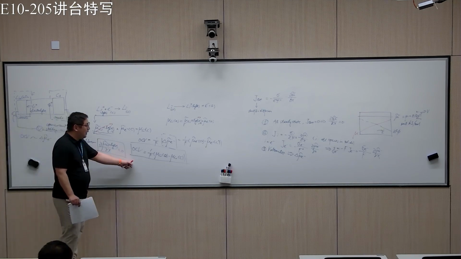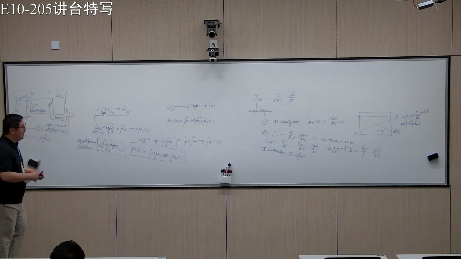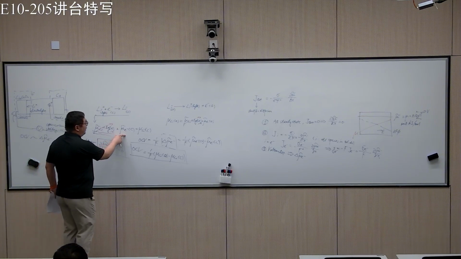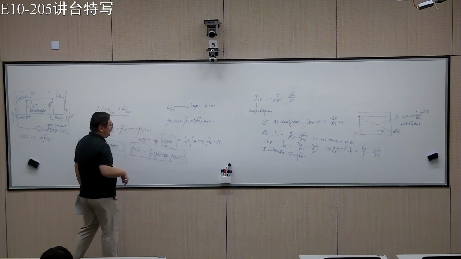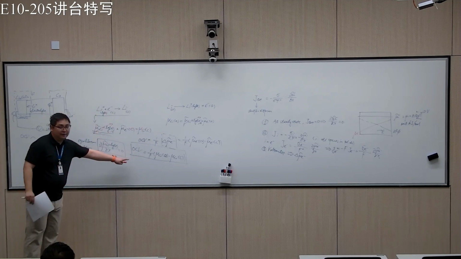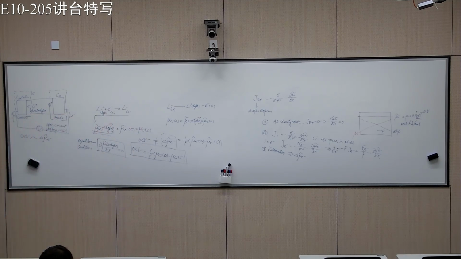Now, how do we determine the OCV? Basically, we have the local chemical equilibrium with the cathode and with the anode, and together we get the OCV like this.